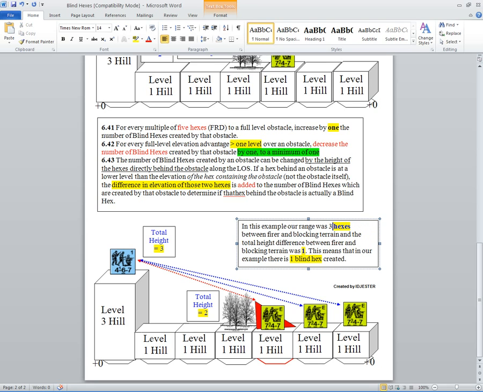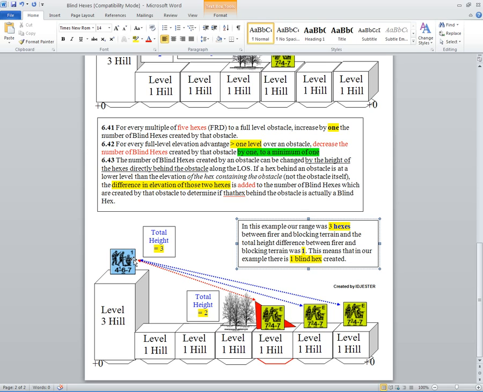Actually, there's 3 hexes between the firer and the blocking terrain. 1, 2, 3 hexes. Typo, my bad. 3 hexes between the firer and the blocking terrain, and the total height difference between the firer and blocking terrain was 1. This means that in our example there is 1 blind hex created.